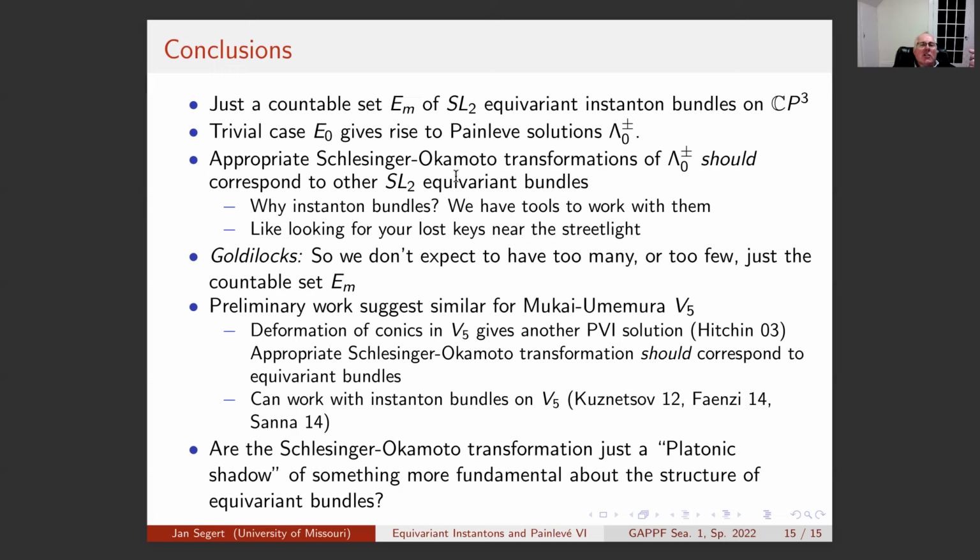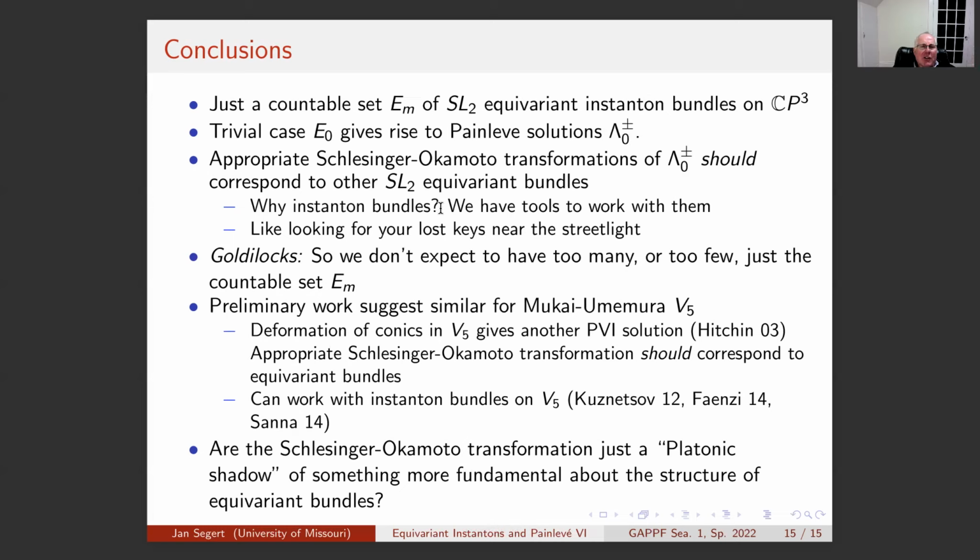Because when you do this, and you look at the restriction to the P1s, the meromorphic connections on the P1s with log singularities, the appropriate Schlesinger-Okamoto transformations should give you something with the same monodromy, even though the residues of the poles are different. And so hopefully they'll compactify to an instanton bundle, or to an equivariant bundle over SL2.